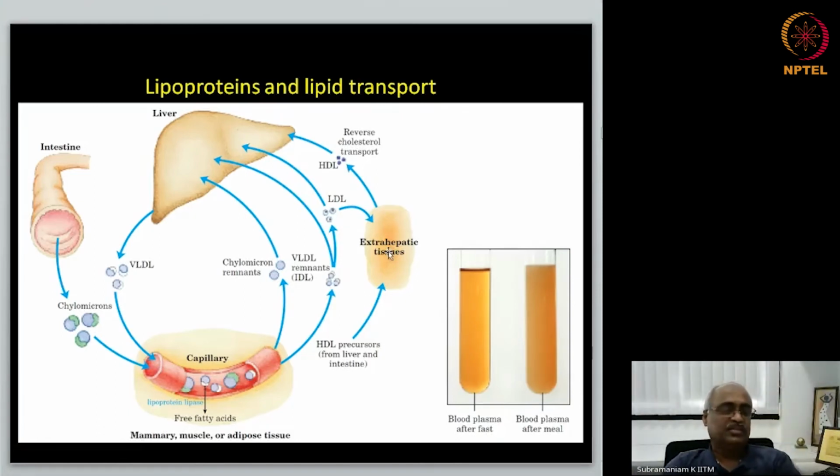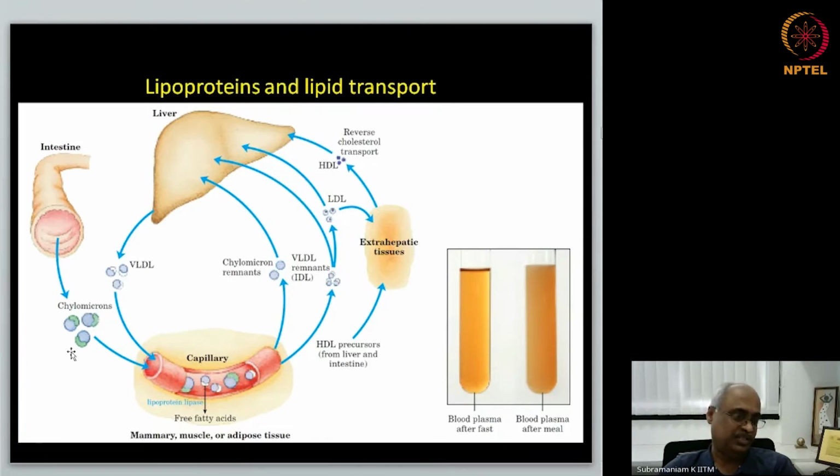Okay, so some of this we are already familiar with. For example, the triacylglycerols coming through the diet, we learned, get emulsified in the intestine, and then get hydrolyzed into free fatty acids and glycerol, taken into the intestinal mucosa. There it is converted again into triacylglycerol and associated with lipoproteins, forming chylomicrons.